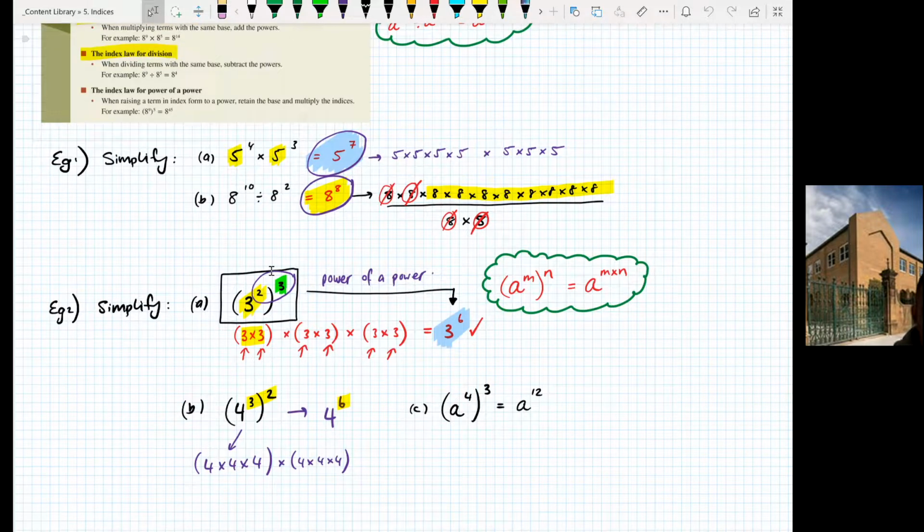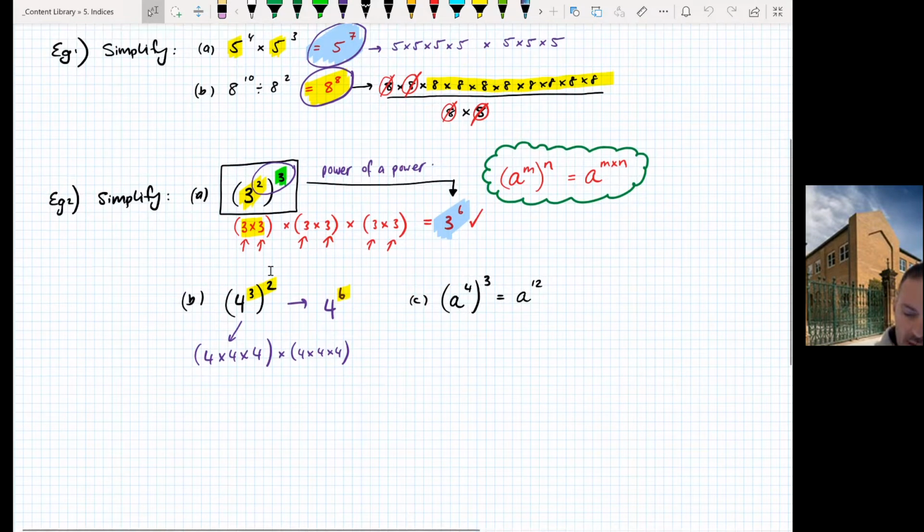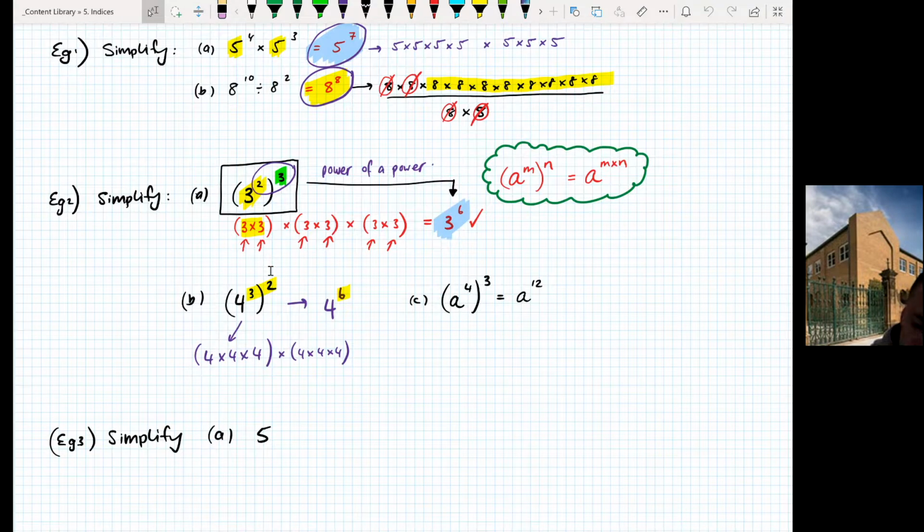And then I'm going to look at A, 5 to the power of 4 divided by 5 to the power of 4. Now, we've actually done one like this in class. We've actually spoken about this question.